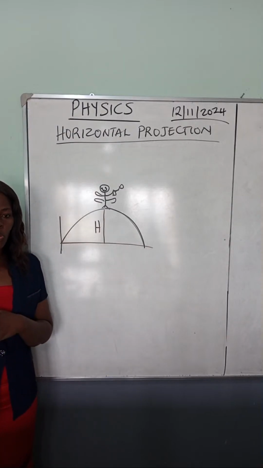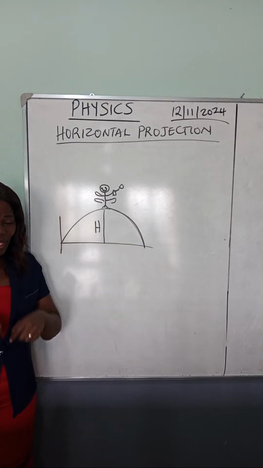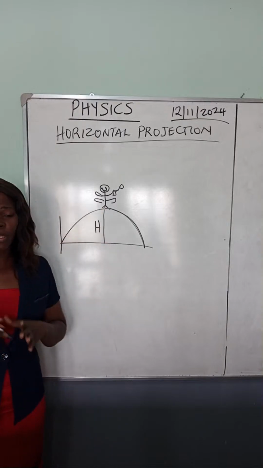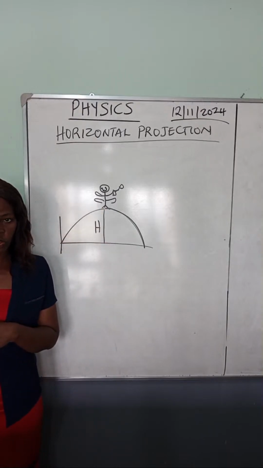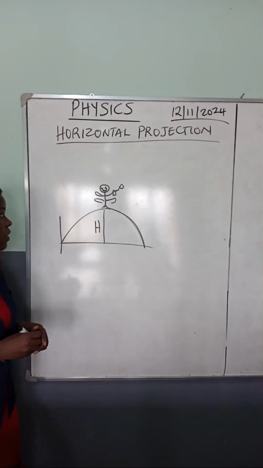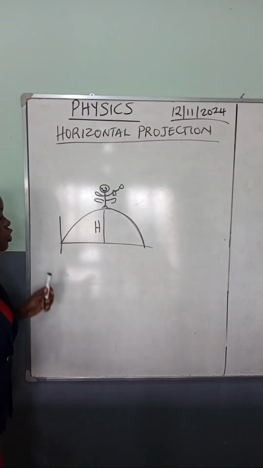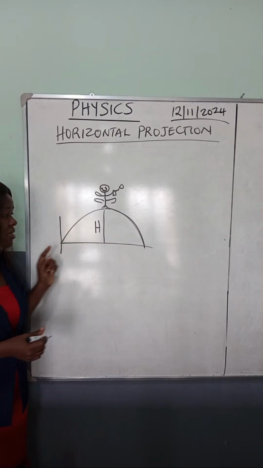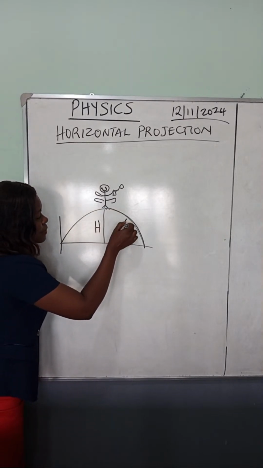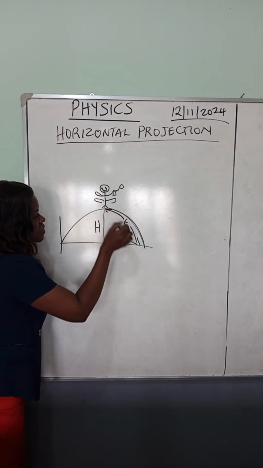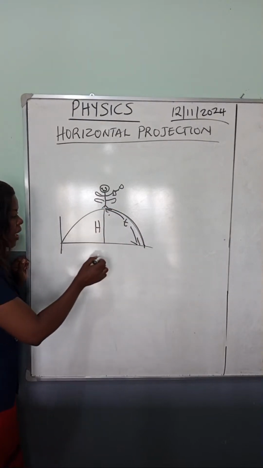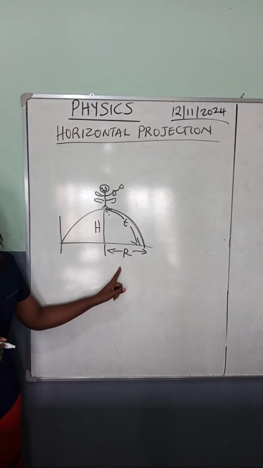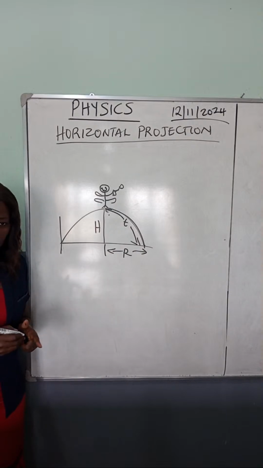When we are considering horizontal projection, we are standing on something that has a certain height. So we are considering height. Is that clear? Yes. Okay? So in horizontal projection, many things we put into consideration: the height, then the time to reach the ground, and also the horizontal distance, which is said to be the range.